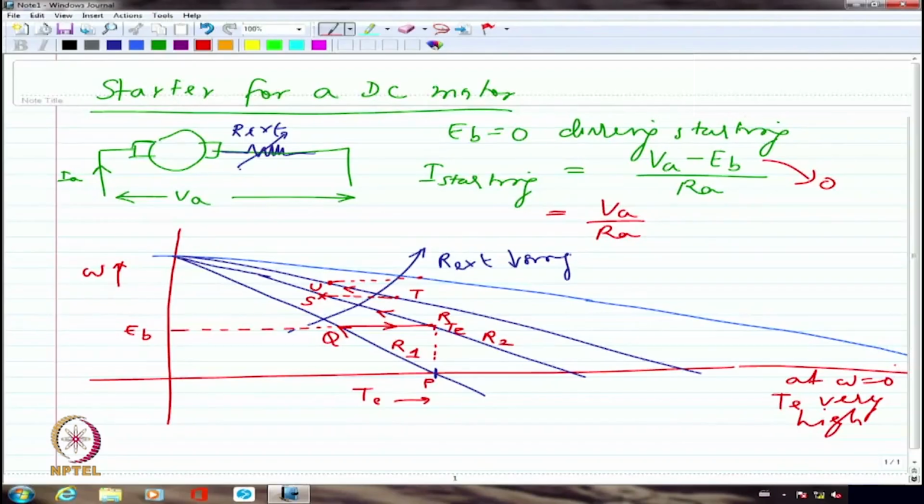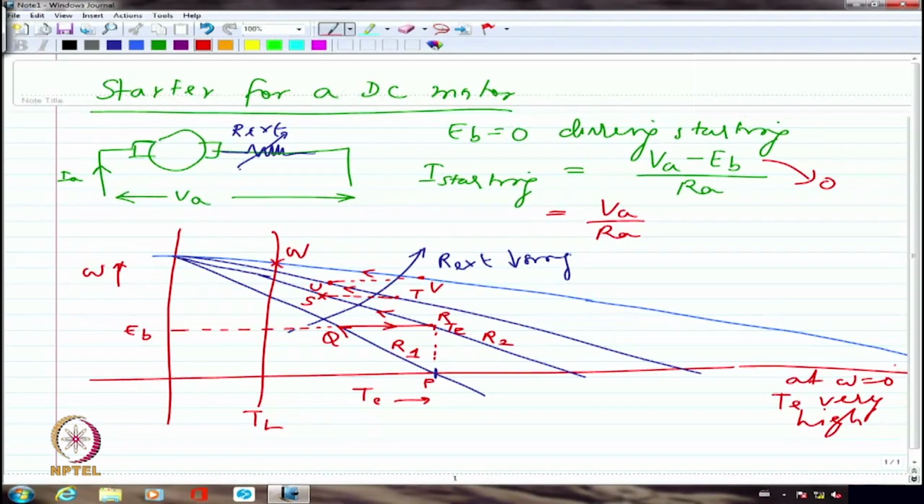So from U again it might just go to point V, and it will traverse this characteristic also, and if I say that this is my load torque, probably, then finally it is going to settle at this point as the operating point.